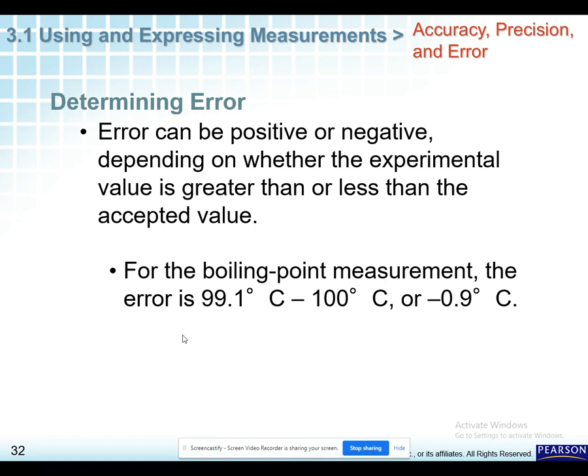So whether your experimental value is greater than or less than your accepted is another way to say that. So for the boiling point measurement, the error was 99.1 degrees Celsius minus 100 degrees Celsius, or negative 0.9 degrees Celsius. So we were negative 0.9 degrees Celsius off, and we were less than that 100.